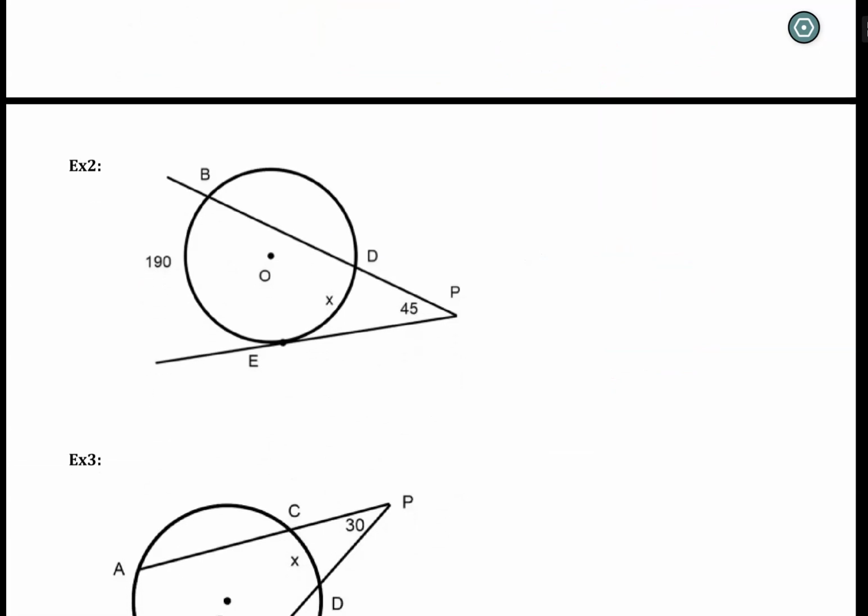All right, let's take a look at example number 2. In this one, notice we've got one secant line and one tangent line, and that's how we create this exterior angle. Here my secant line is in blue and my tangent line is in red.